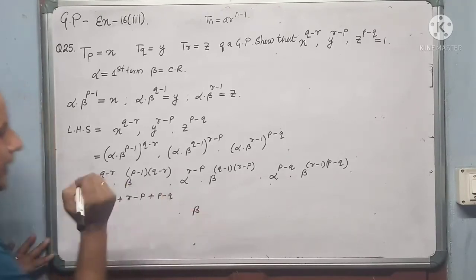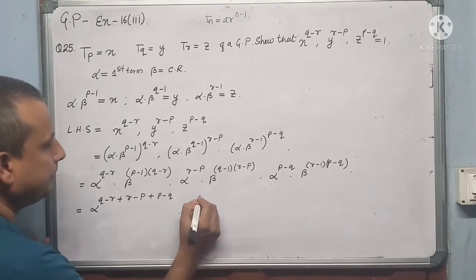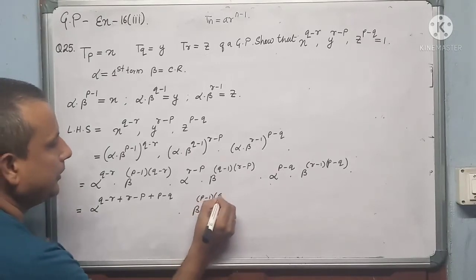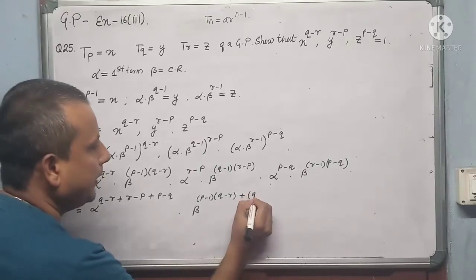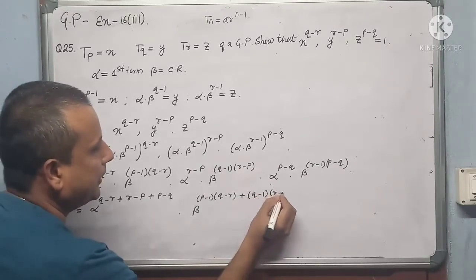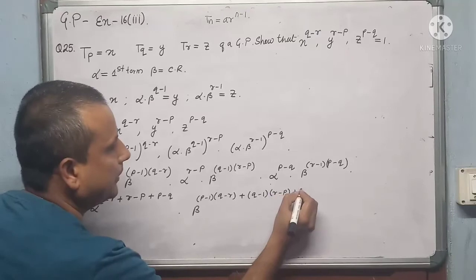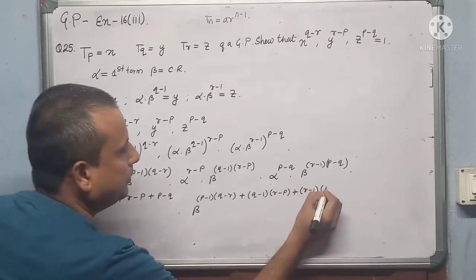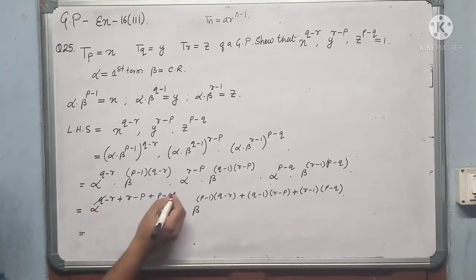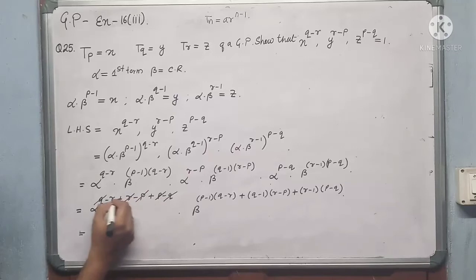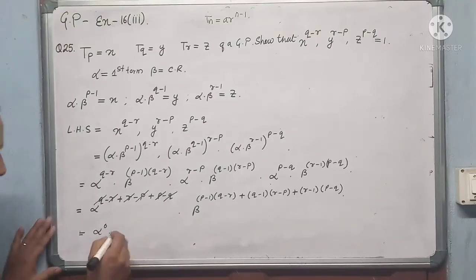Then beta to the power p minus 1 into q minus r plus q minus 1 into r minus p plus r minus 1 into p minus q. Now the index of alpha, everything will cancel out. q cancels, p cancels, r cancels. Now it is alpha to the power 0. You know that anything to the power 0 is always equal to 1.